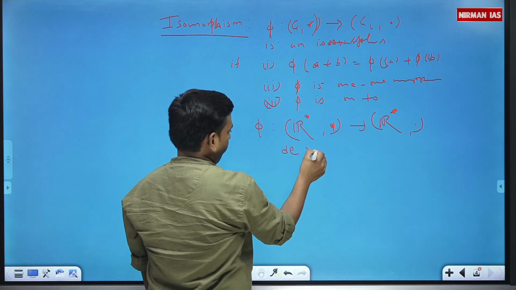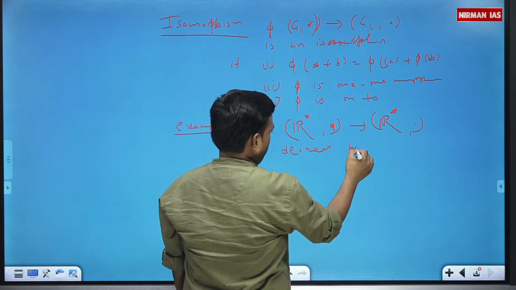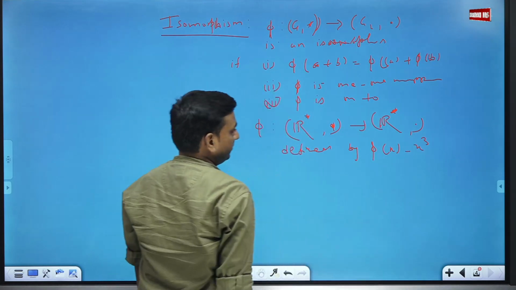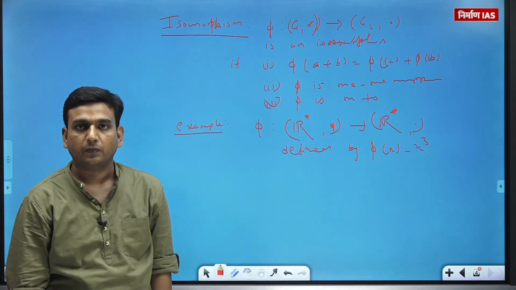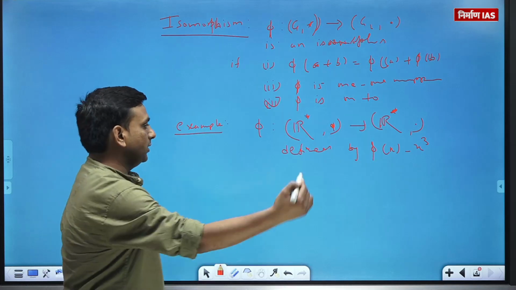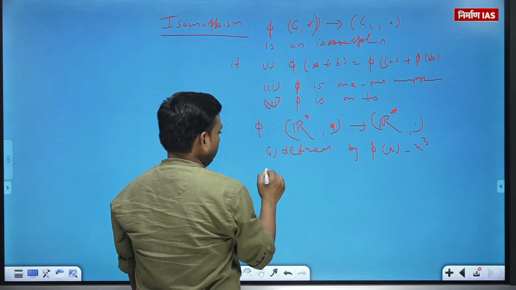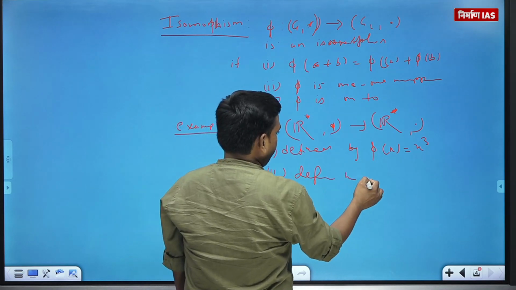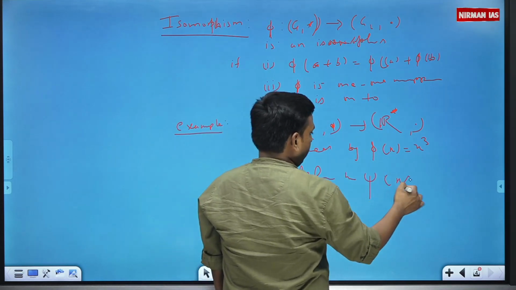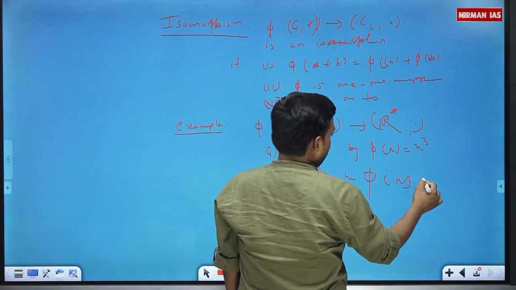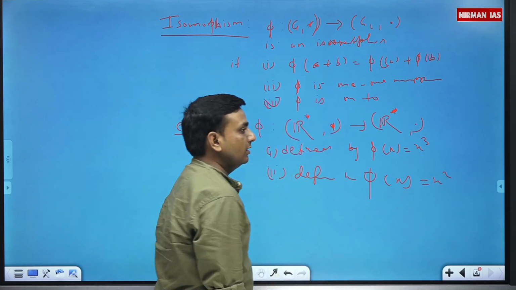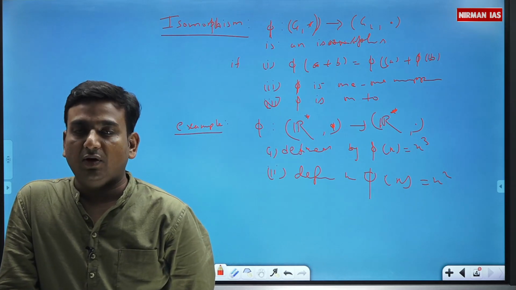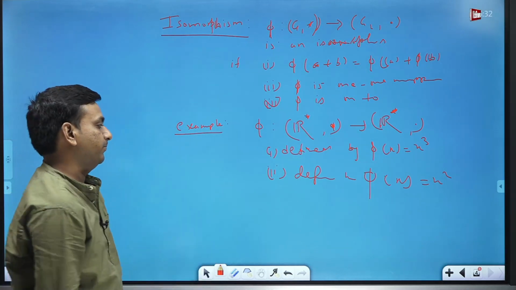Defined by phi of x as x cube. That is number first. Number second, I define one more mapping, phi of x as x square. Now I want to check what is a possible isomorphism and what are not.